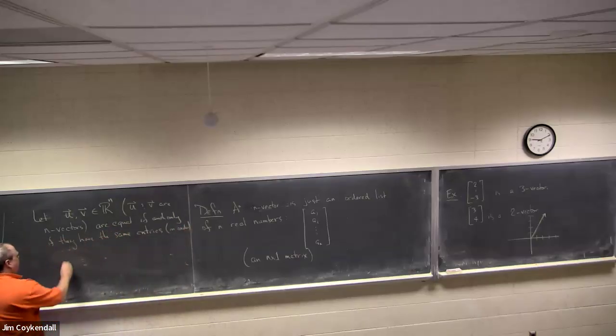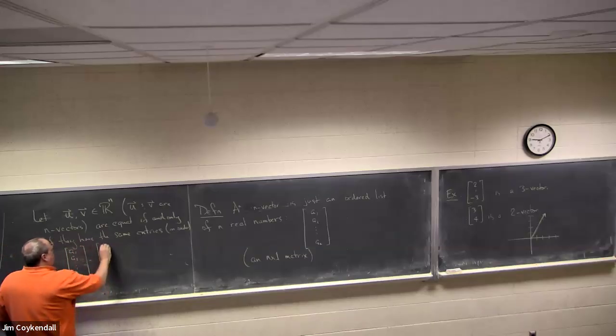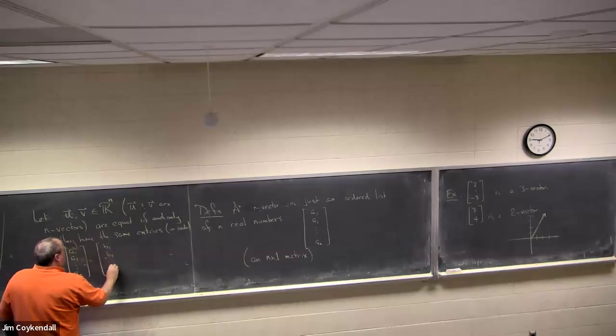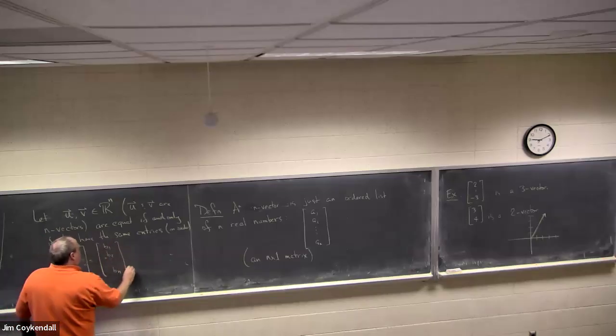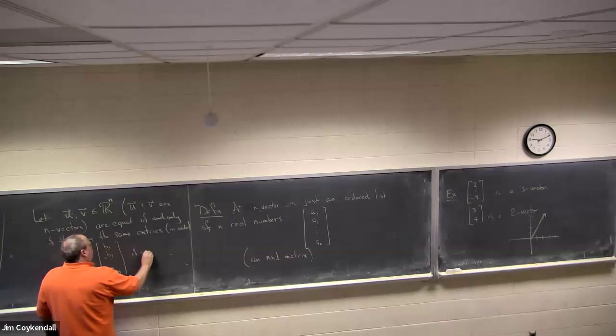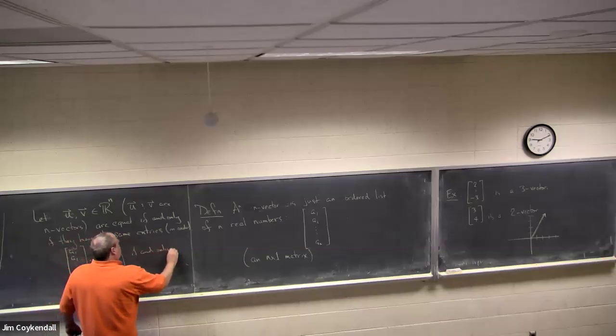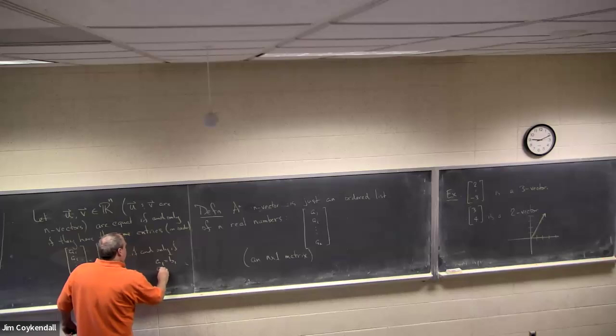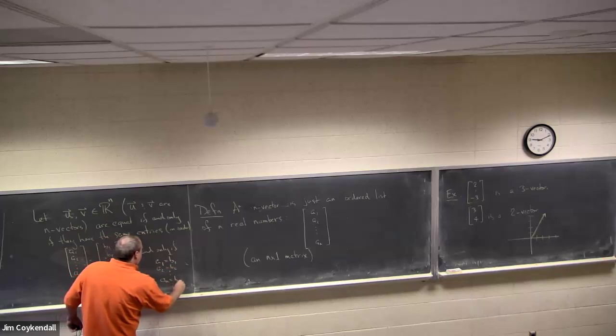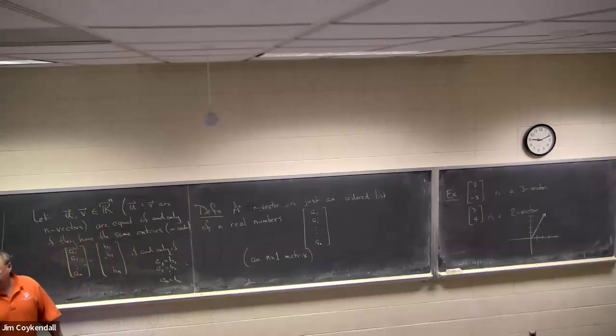That is to say, (a1, a2, ..., an) is equal to (b1, b2, ..., bn) if and only if a1 equals b1, a2 equals b2, all the way down to an. This is how we say two vectors are equal: if all their components match.